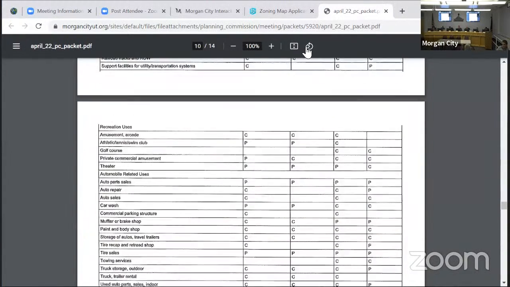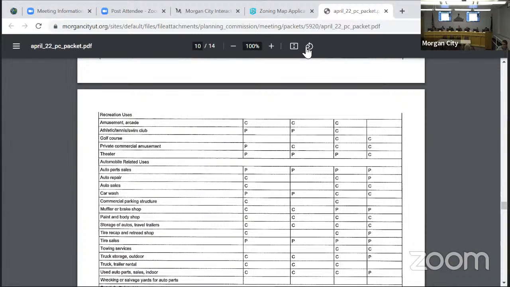Well, and there's a lot of these that are like that, that maybe I don't understand what the original thinking was and why. A muffler or brake shop in 2 of those zones are conditional and 2 of those are permitted.